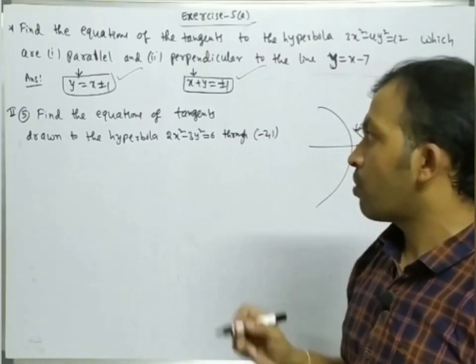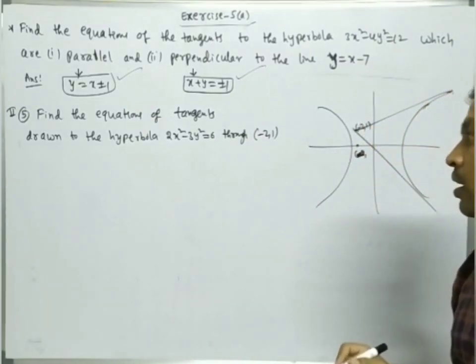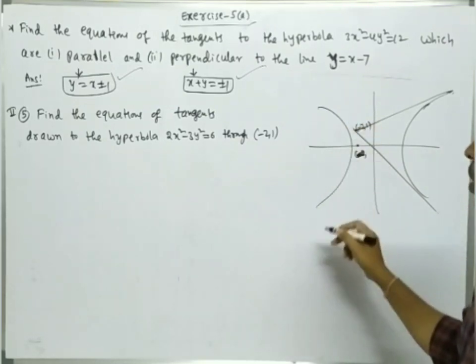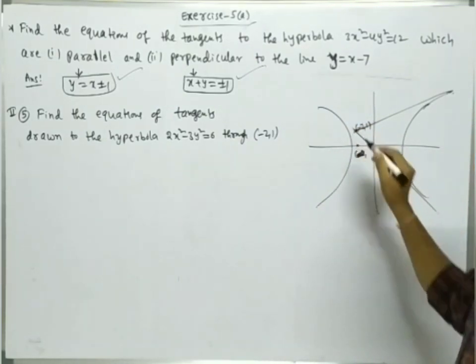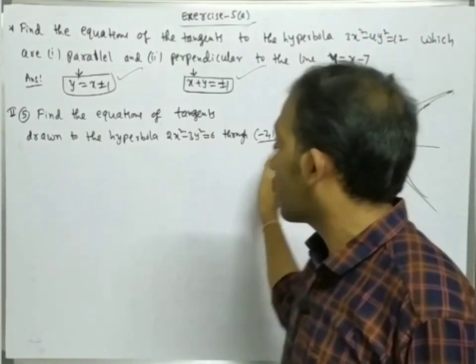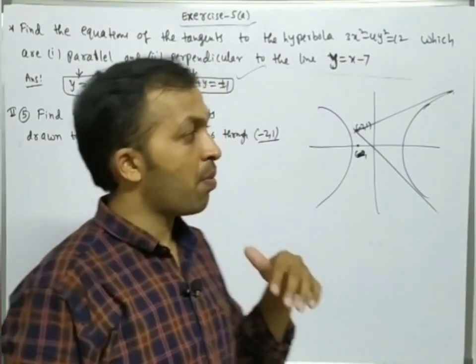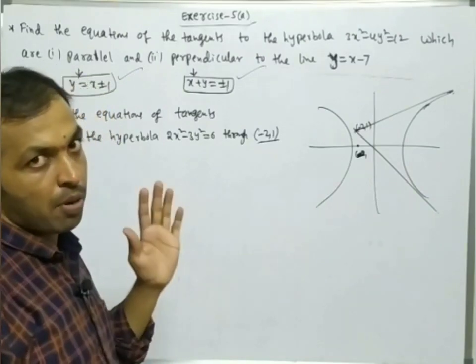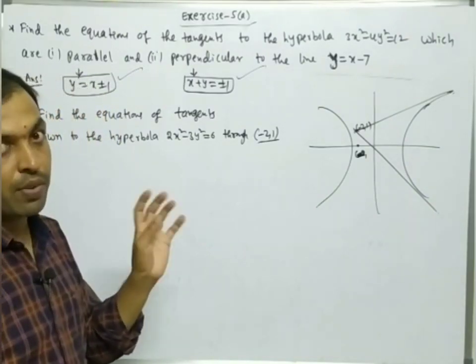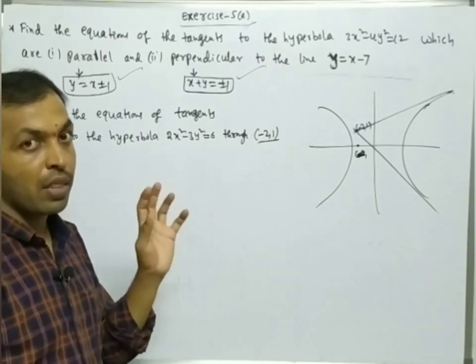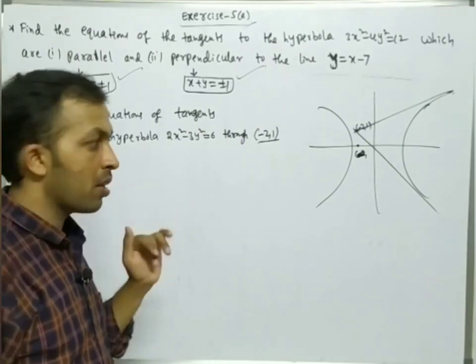Okay, next problem. Find the equations of tangents drawn to the hyperbola 2x square minus 3y square is equal to 6 through one point. This point is not on the hyperbola. Remember this thing: if a point is on the hyperbola, we should follow one method; if it is exterior to the hyperbola, there is another method.